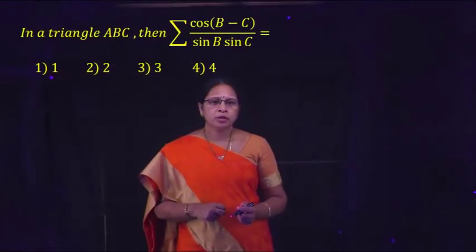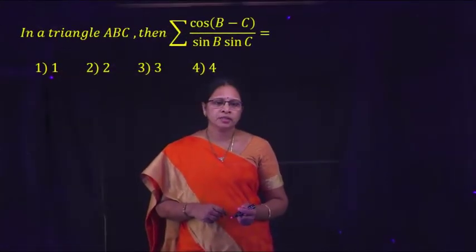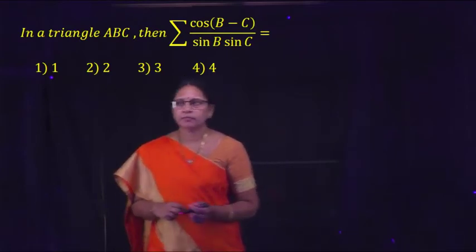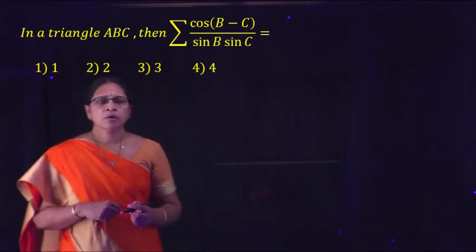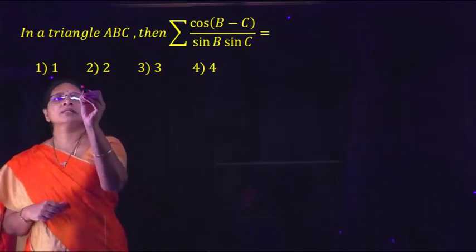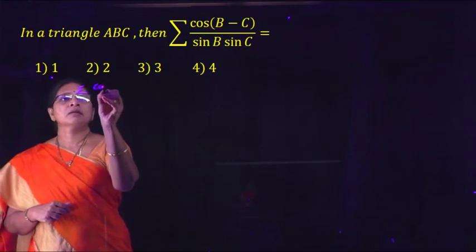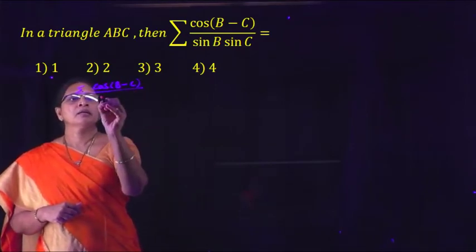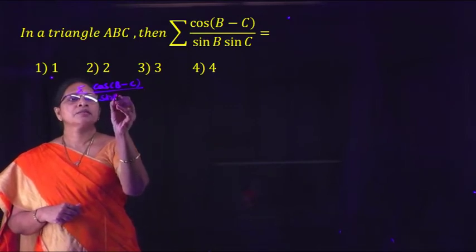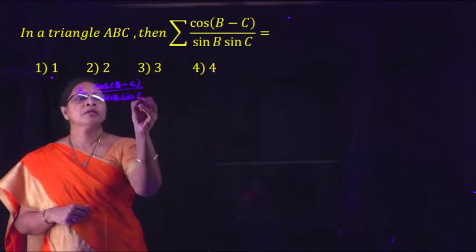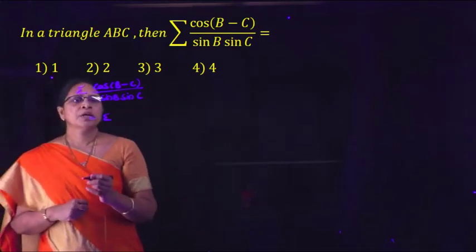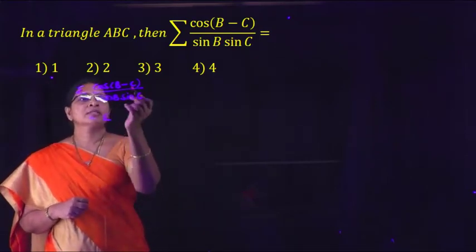See the next problem. In a triangle ABC, sigma cos of (b minus c) by sin b sin c is equal to. According to the given problem, we have to take sigma cos of (b minus c) by sin b sin c. Here the numerator is in the form of cos (a minus b).